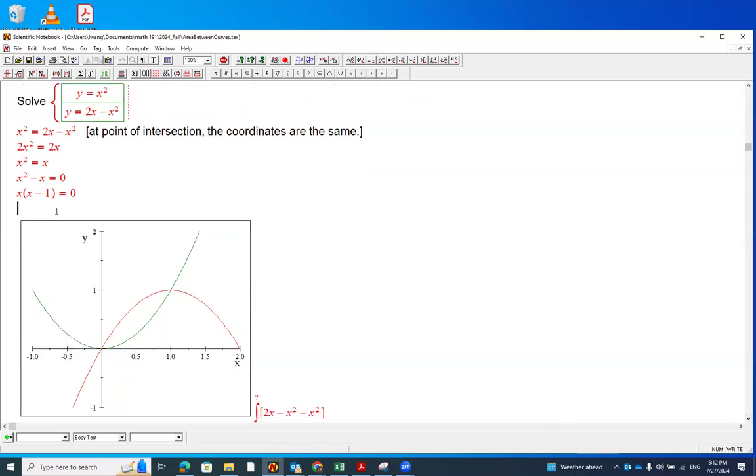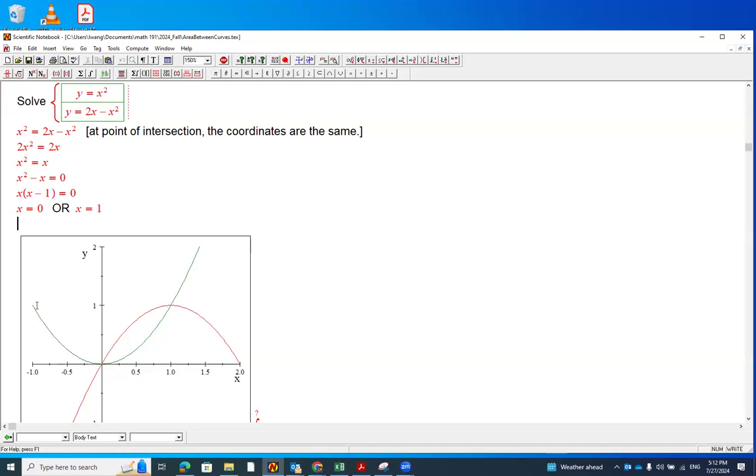So x times (x minus 1) equals 0. So either x equals 0 or x minus 1 equals 0. Right? So we get x equals 0 or x equals 1. So we have 2 points of intersection.